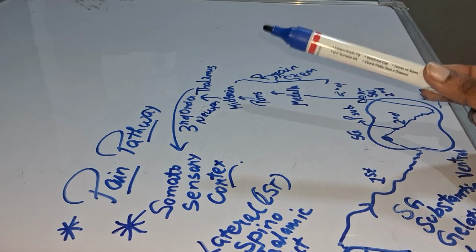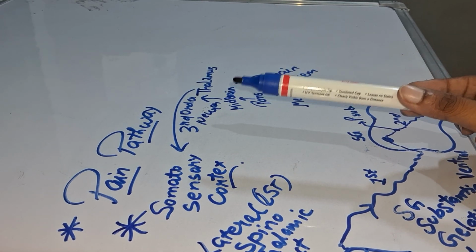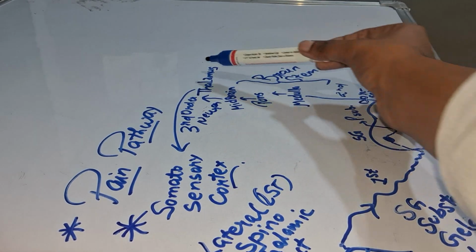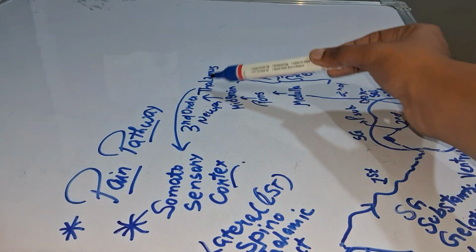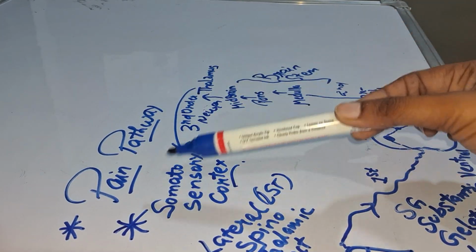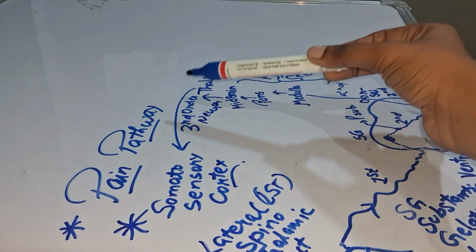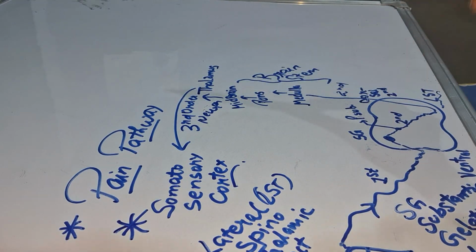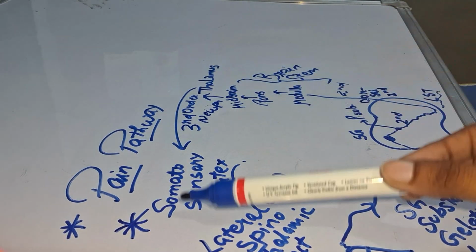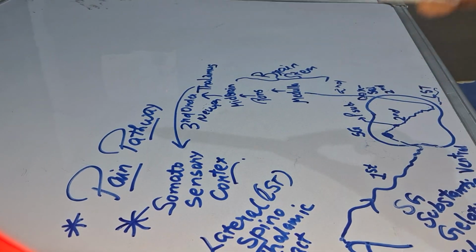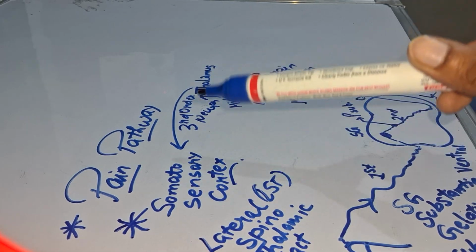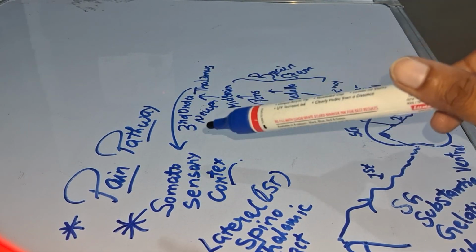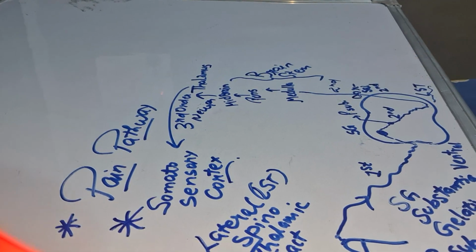Then midbrain to thalamus, and thalamus to the somatosensory cortex. Third order neurons are involved in its transmission, and this is the region of the brain where the sensation is perceived, where the pain is perceived.